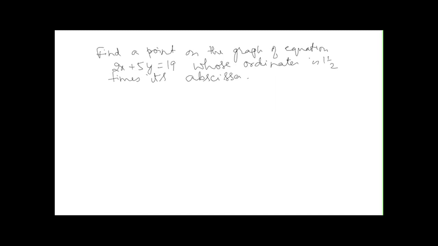Ordinate means what? Y-axis, ma'am. Y value. Y coordinate. Y value is ordinate. Abscissa? X-axis, ma'am. Now you have to find a point on the graph.